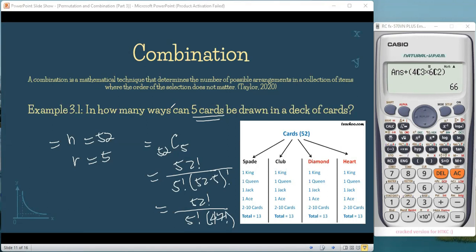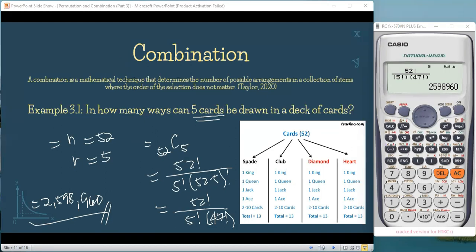So let's calculate. That is 52 factorial divided by 5 factorial times 47 factorial. Our result will be 2,598,960 combinations.